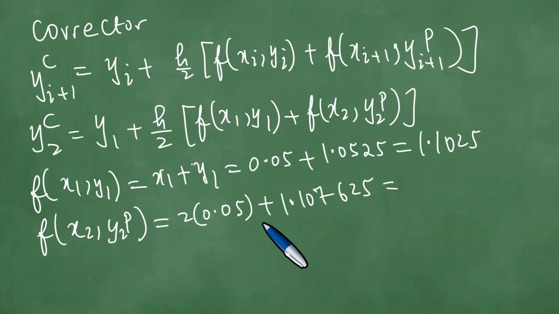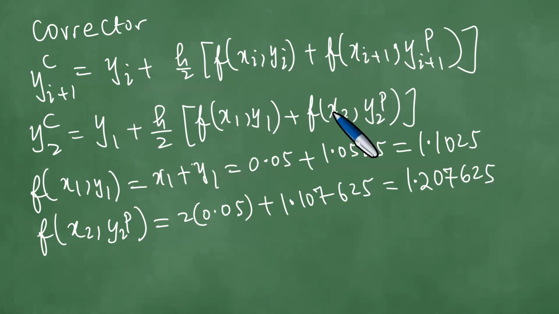We just need to do 2 times 0.05 plus 1.107625, which gives 1.207625.